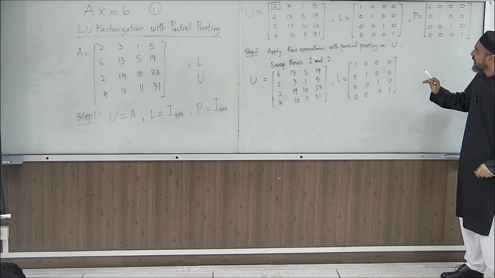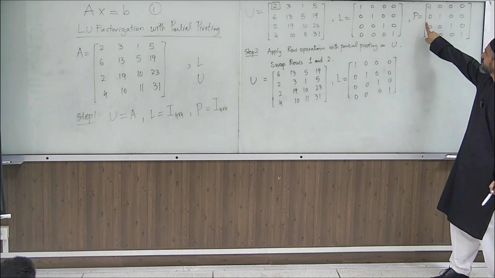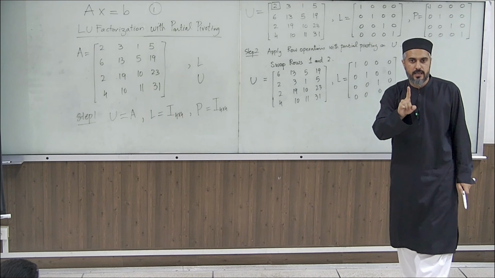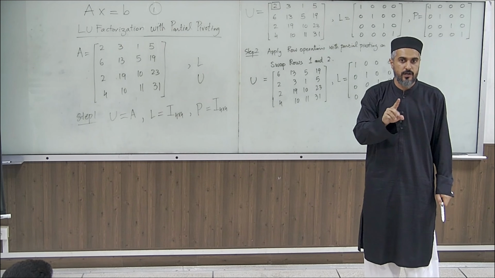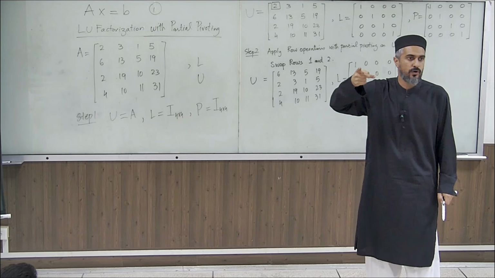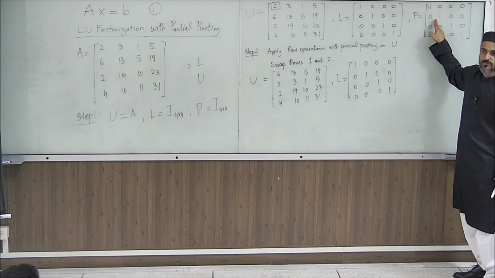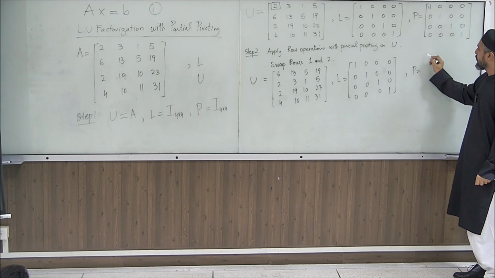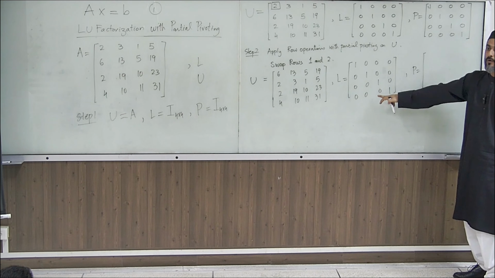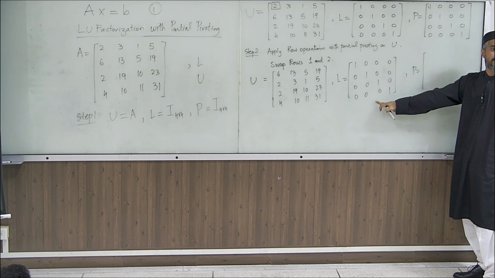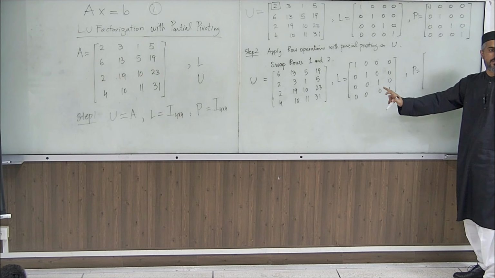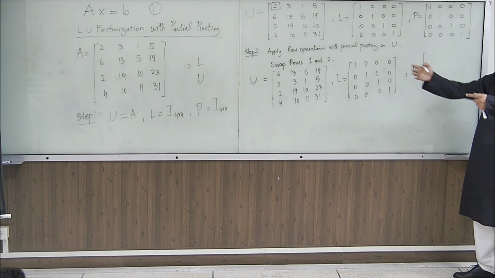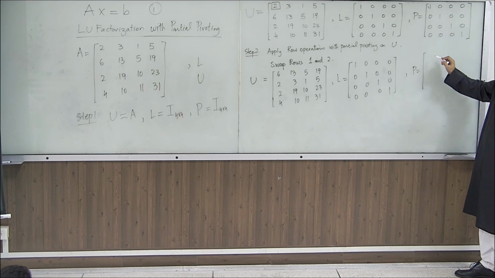So this special matrix P will take care of the fact that whenever we swap a row, it swaps the same rows. So I'm going to swap the rows of matrix P, and we'll know why we don't swap the rows of the lower triangular matrix in the next process.